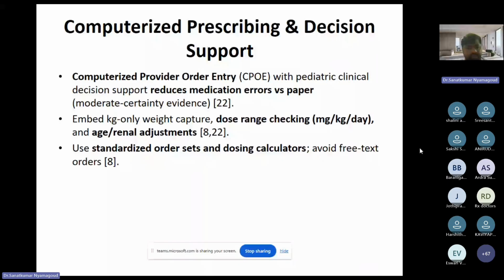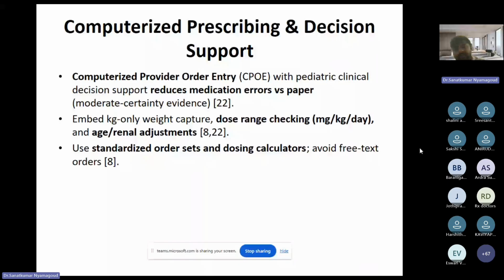Then you should have standardized order sets and dosing calculators. If you don't have standardized order sets, there are charts which are prepared in each pediatric department. For example, amikacin dose is 5 mg per kg per day, or paracetamol. Take any drug, they have standard dosing calculation charts that should be understood by everybody and followed by everyone.